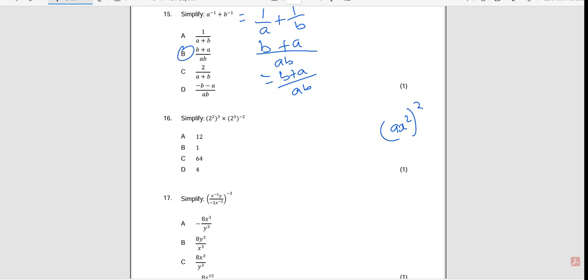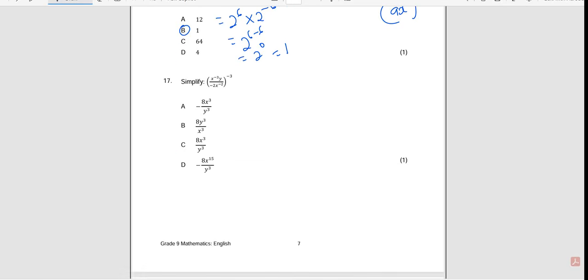So here it's going to be 2 times 3, which gives me 6. And then here it's going to be multiplied by 2, 3 is going to give me minus 6. The bases are the same now. We have to add the exponents. 6 minus 6 is 2 to the exponent of 0, and the answer is 1. The correct answer is B.